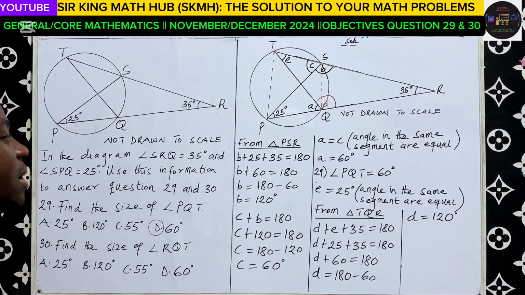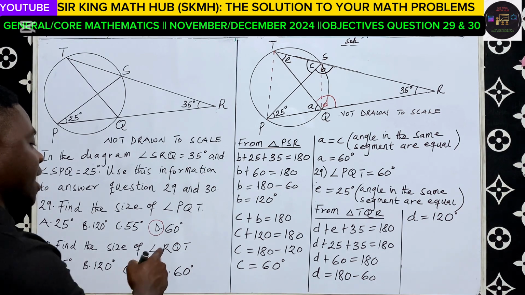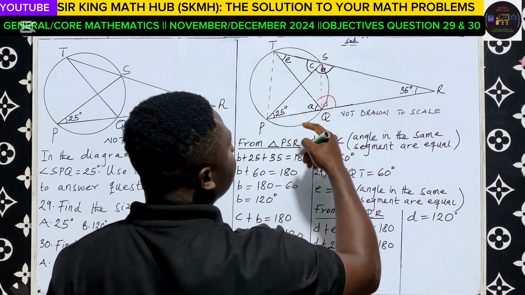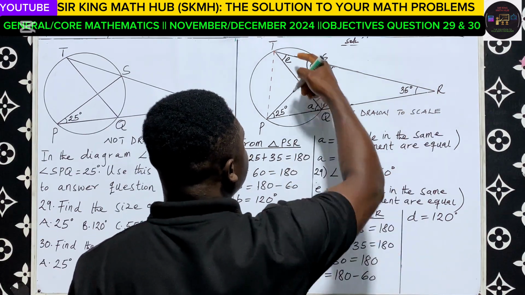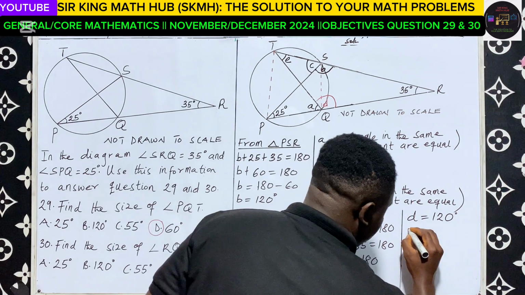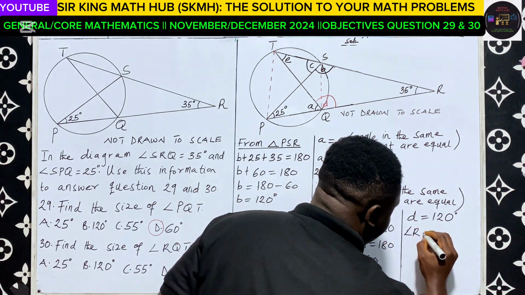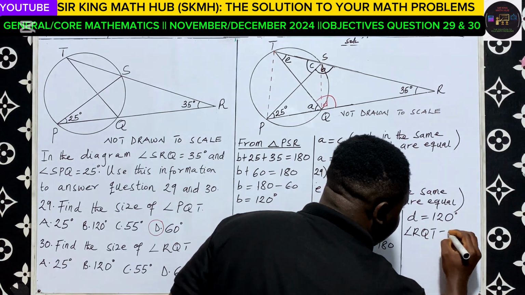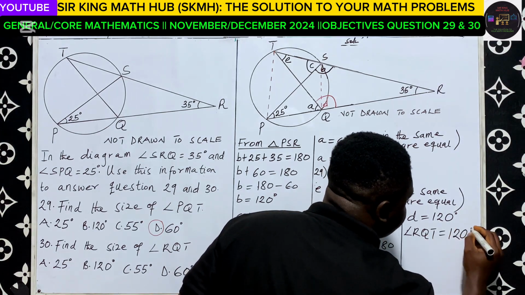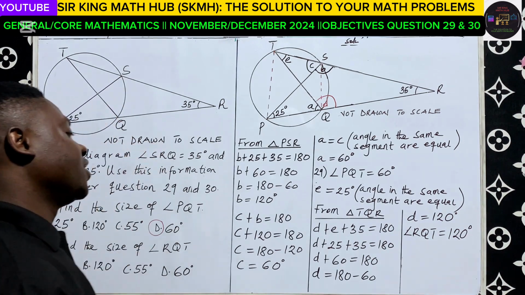But remember, we are not asked to find the measure of angle D, but rather we are asked to find the measure of angle RQT. So the measure of angle RQT is 120 degrees.